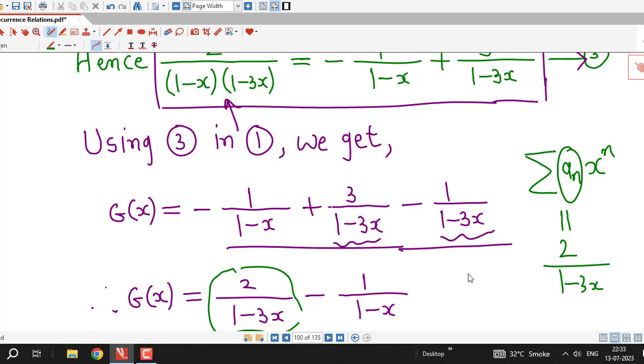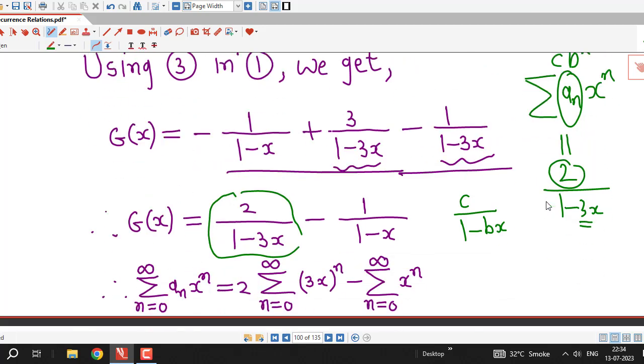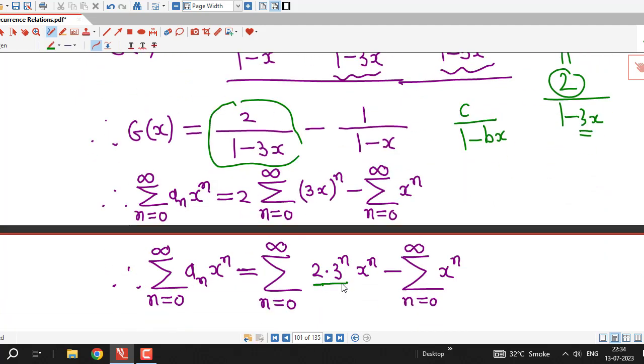So if you recall, we have seen that if I have this formula for generating function c over 1 minus bx, then formula for a_n is c into b raised to n, and here c is 2, b is 3, so we have a_n equal to 2 into 3 raised to n. So that I have written here 2 into 3 raised to n x raised to n.